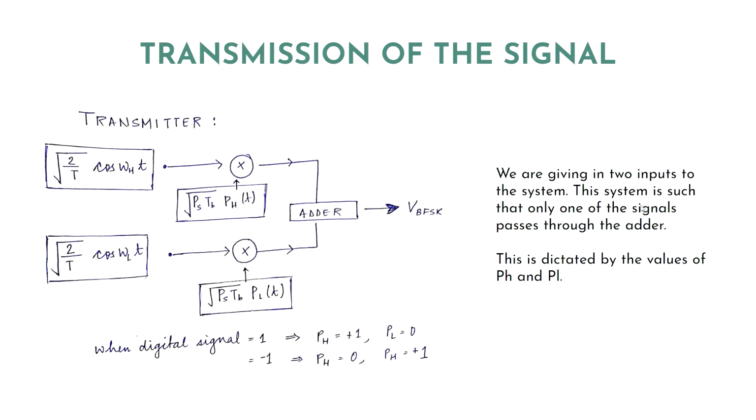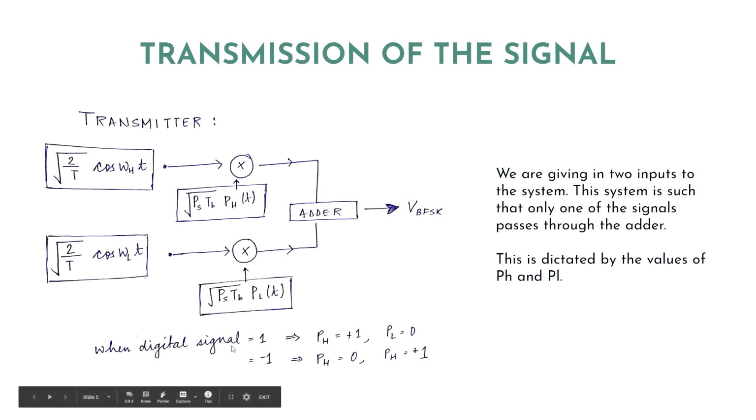So as you can see, we are giving two inputs to the system, and the system is made such that only one of these inputs passes through the adder, and this is VBFSK here.